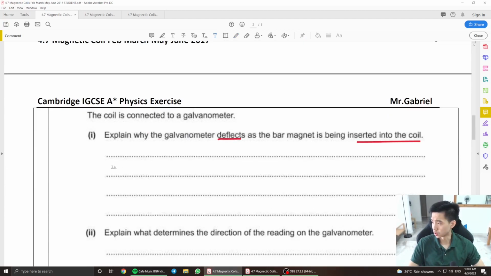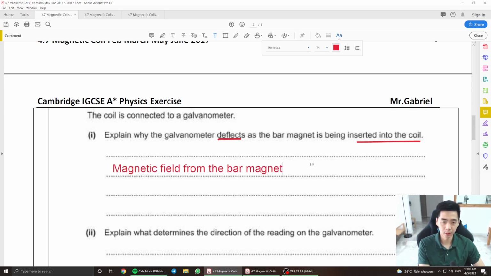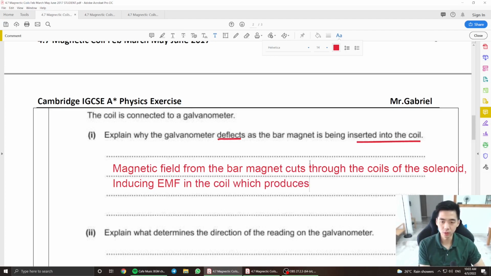So if I were to structure this, I'll say something like: magnetic field from the bar magnet cuts through the coils of the solenoid, inducing EMF in the coil, which produces current in the coil.